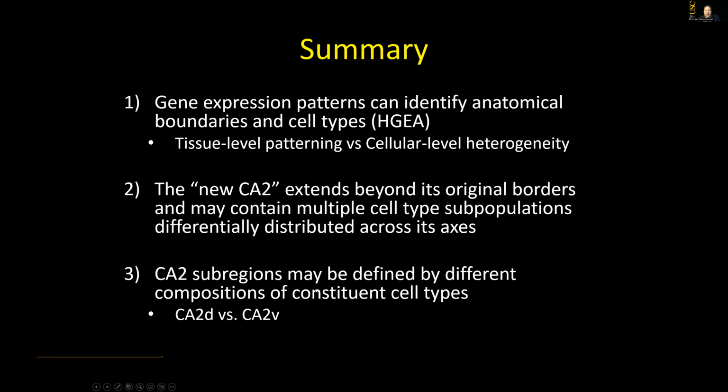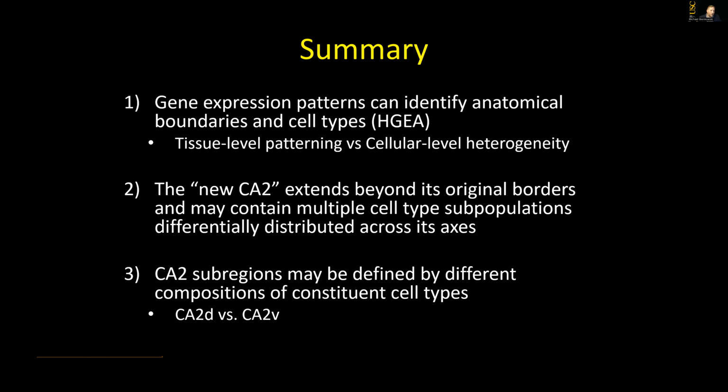Summing up, the gene expression patterns are really useful for identifying anatomical boundaries and cell types, and I was inspired a lot by the CA2 field and the impact these have made on the research, to carry this forward to the rest of the hippocampus. The thing that keeps coming up for me is this idea of tissue level patterning versus cellular level heterogeneity.